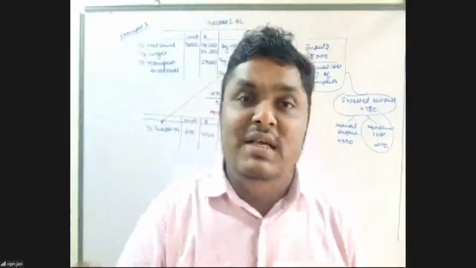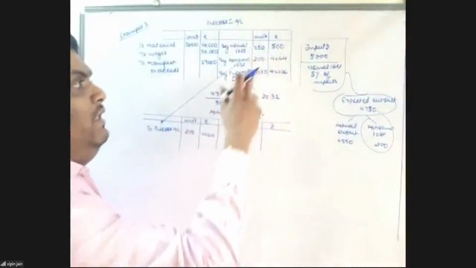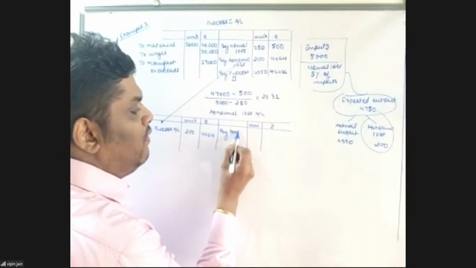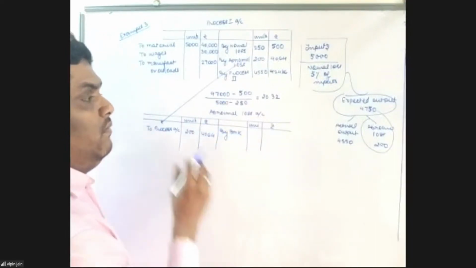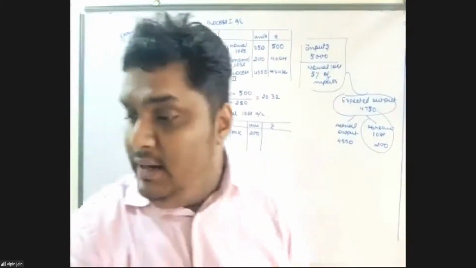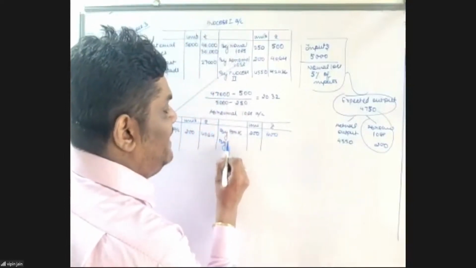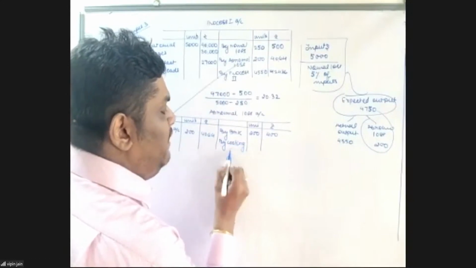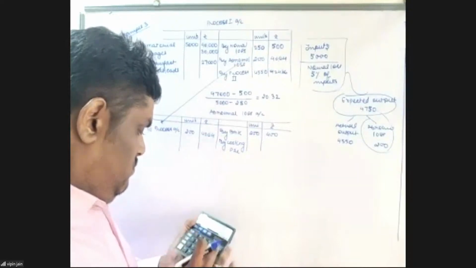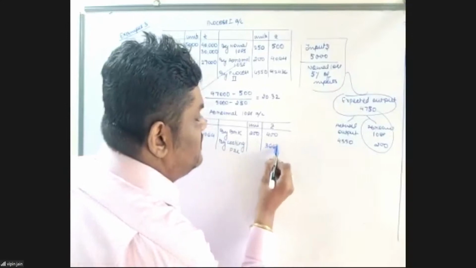Now we will assume that just like the normal scrap units, these abnormal loss units are sold in the market. So by bank, 200 units, we will assume that it will be sold in the market at the rate 2 per unit. So 400. And the balance will be transferred to costing P&L. That is 3664.